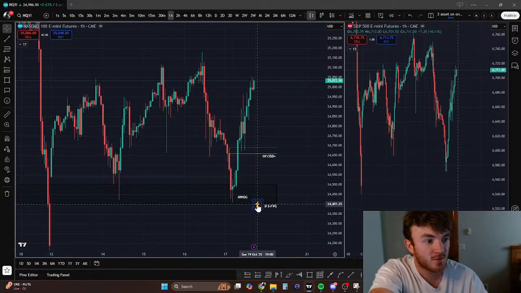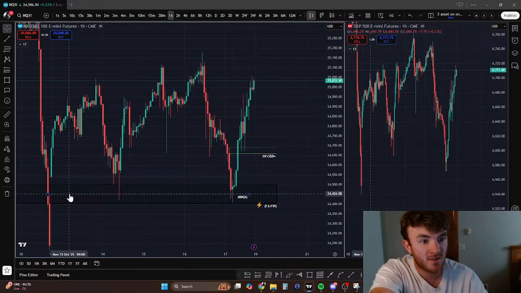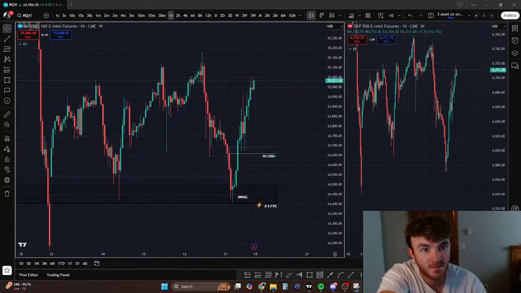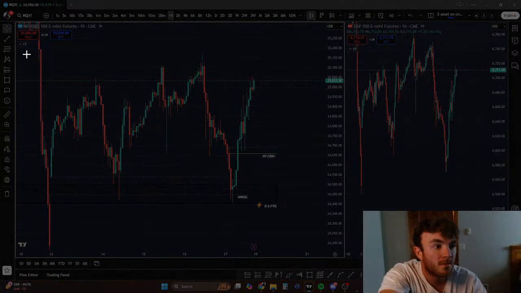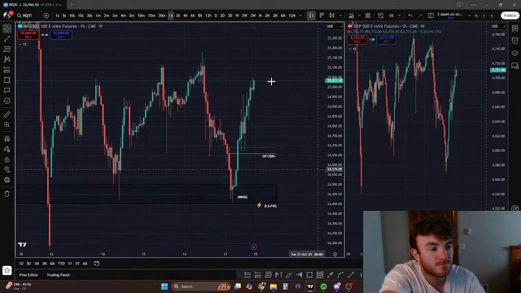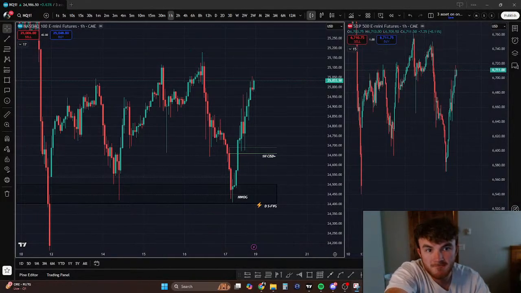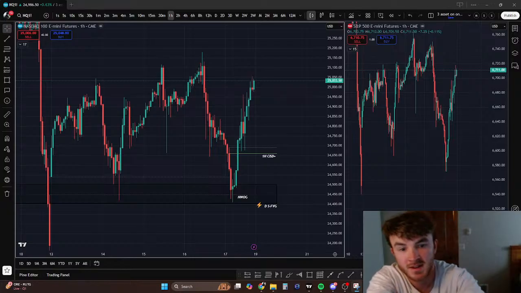The more things you observe in price action, the better. Obviously, the NWOG is down here, I know, but yeah, so let's make a new folder for Saturday. So 10, 18, 25.